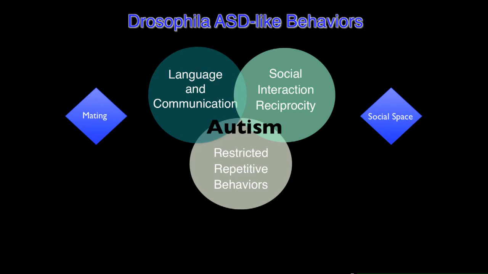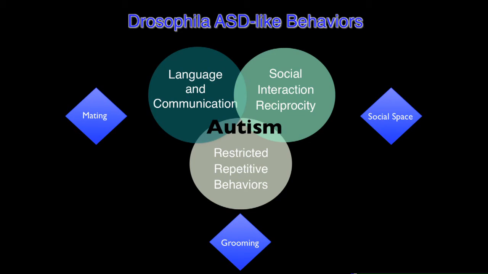We can also use mating as a measure of both expressive and receptive communication during social interaction. And finally, grooming assays. People have shown that grooming assays done in, for example, Fragile X mutant flies show a robust phenotype, a restricted repetitive interest type phenotype in grooming behavior.